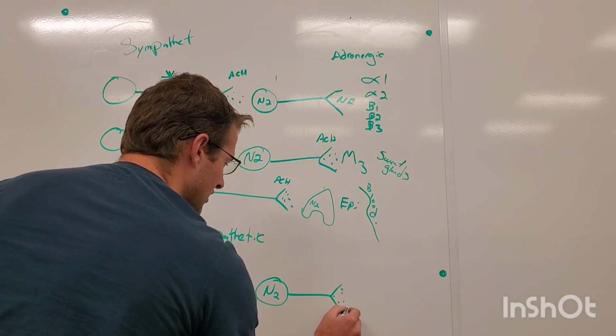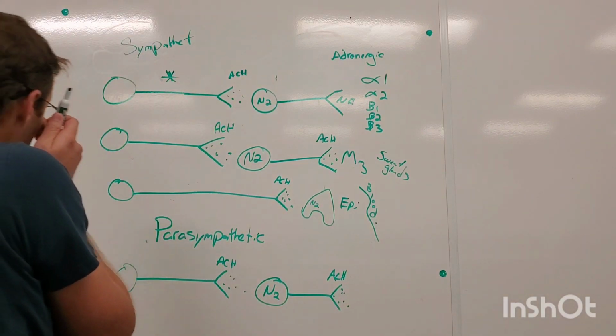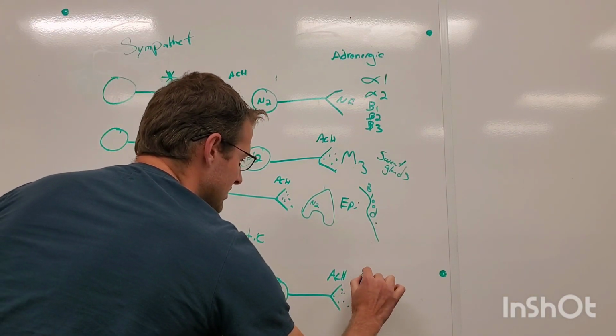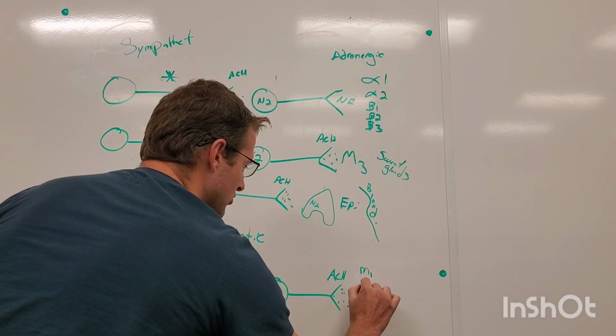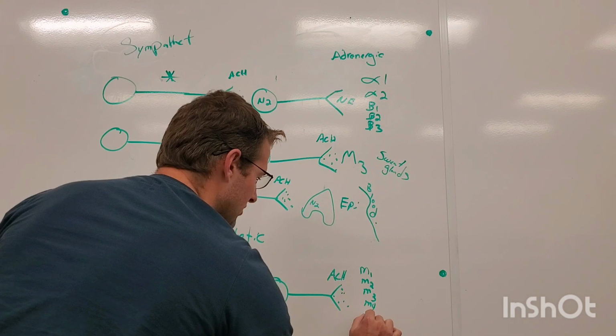Acetylcholine once again. You see, acetylcholine is important in this nervous system. ACh, and then we're going to have the different receptors. We're going to have muscarinic receptors, M1, M2, M3, M4, and M5.